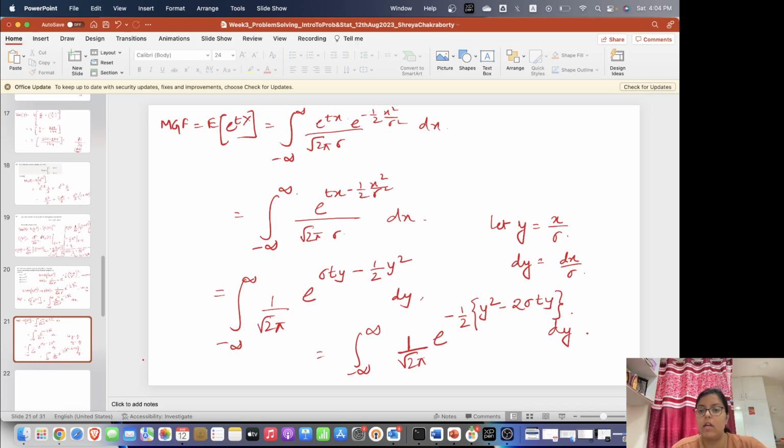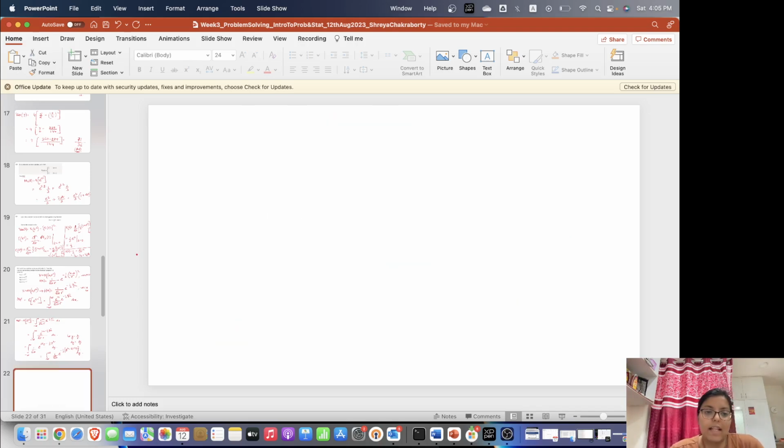If we have to write this in terms of a minus b whole square, we have to add some terms to it, and then to adjust we have to take out some other terms.